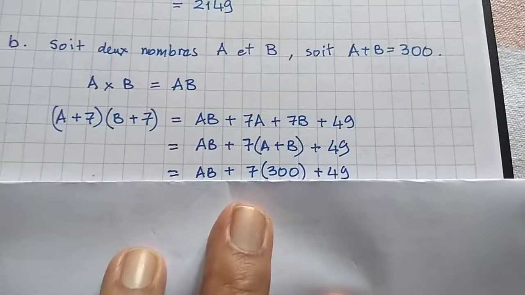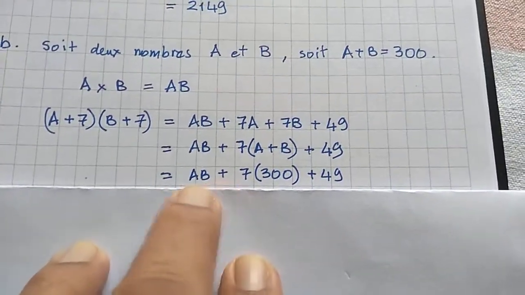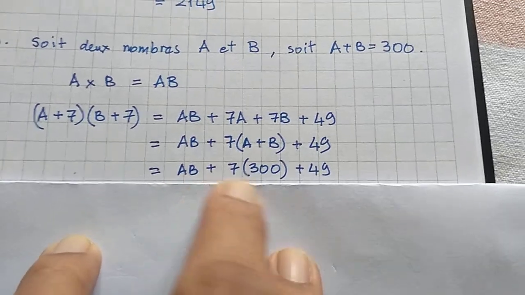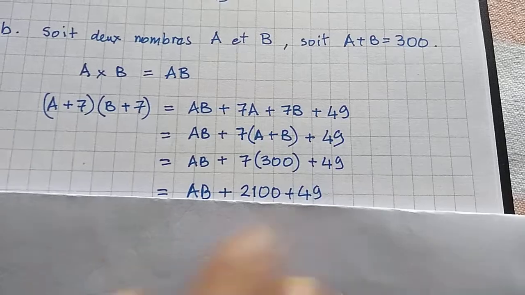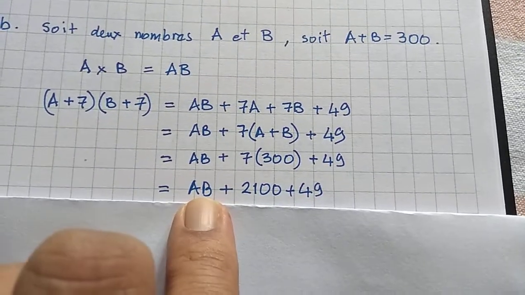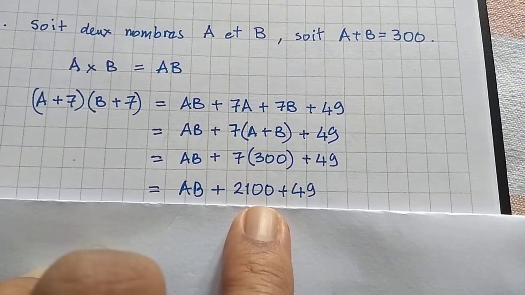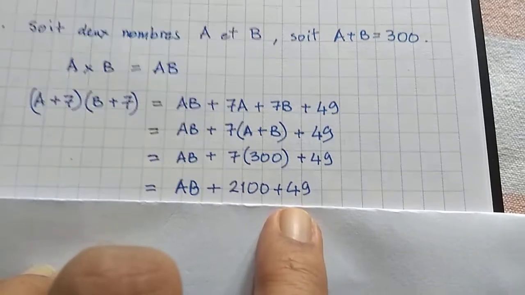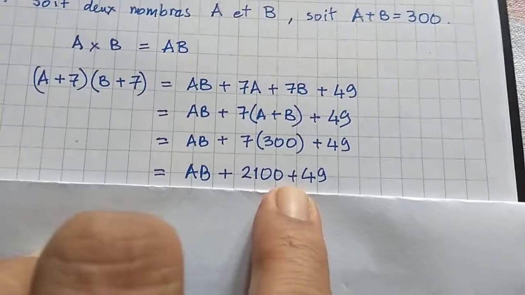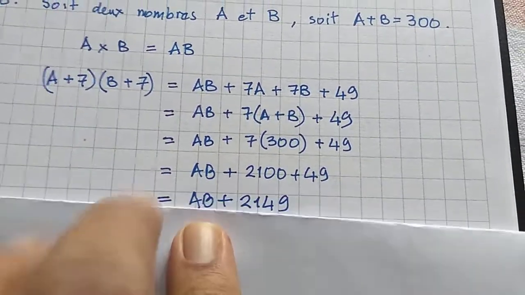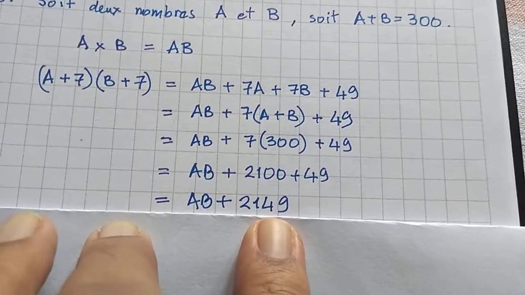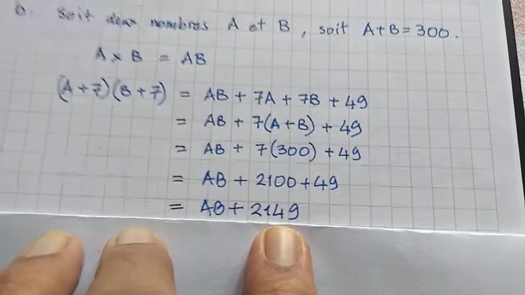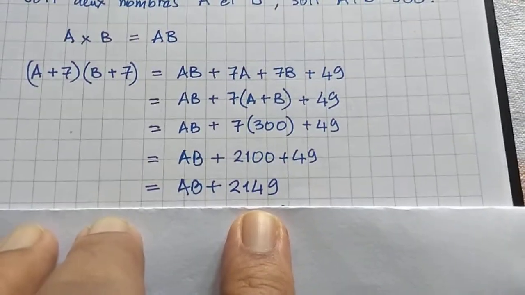So, when you do that, he wrote AB plus 7 fois 300 plus 49. So when you expand this, when you multiply that, you get AB plus 2100, pardon, plus 49. So that gives us AB plus 2149. What's the difference?